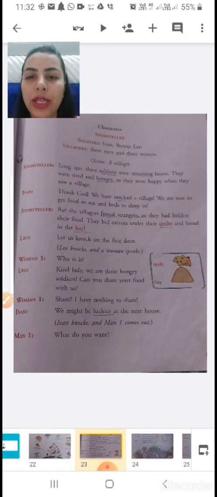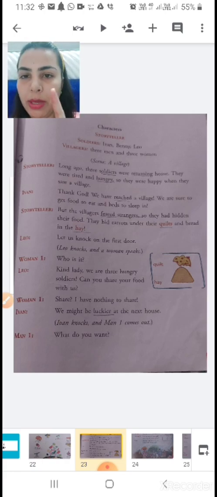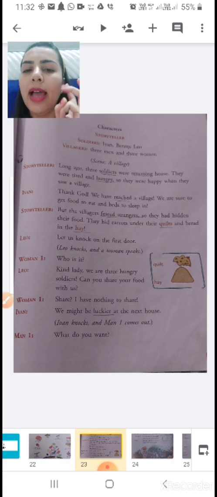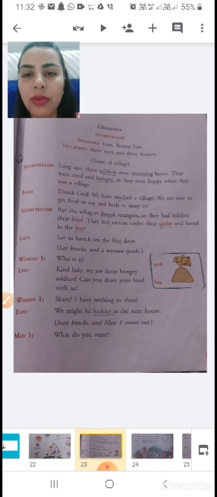And there are some villagers, the common people of the village. They don't have any names. They are 3 men and 3 women. One more time I am telling you, there is one storyteller who is telling us the story. Second are the soldiers, Ivan, Benny and Leo. And then the villagers, 3 women and 3 men.